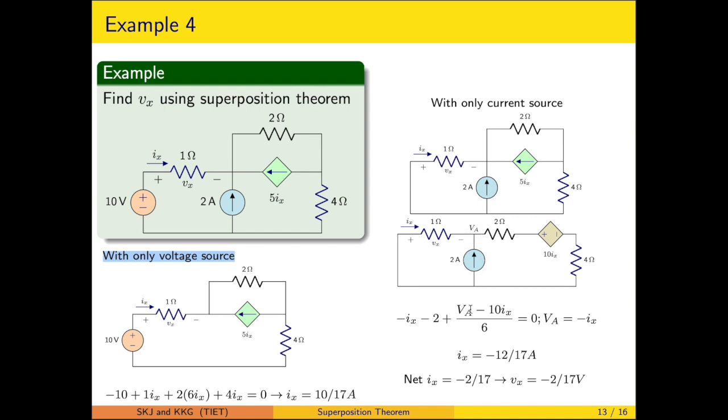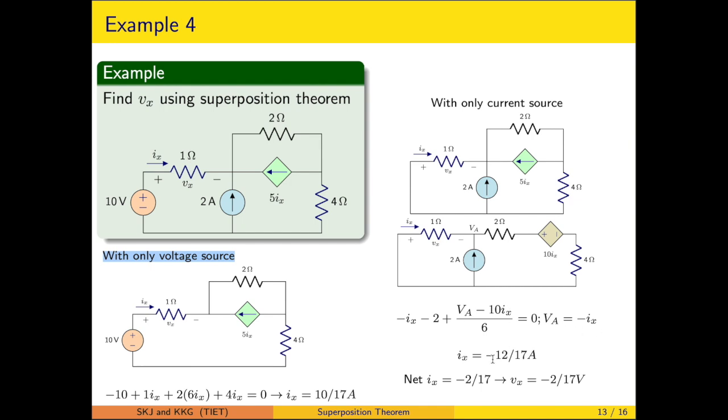However, once you are able to write the equation, you are getting the idea that this VA is nothing but minus of 1 into Ix. So that particular is written.